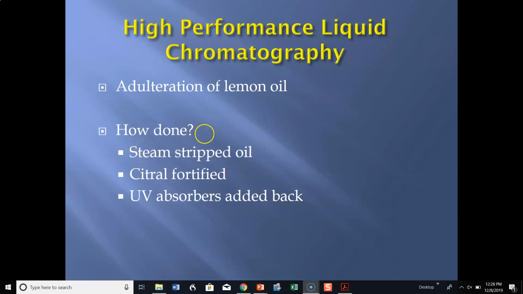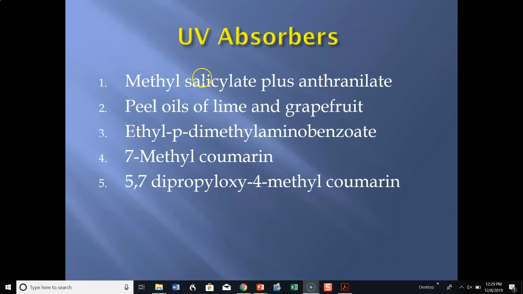Well, let's take those flavorless terpenes, add a little citral to it, add some UV absorbers back, and people will sell that as a real lemon oil. So they take this cheap byproduct, steam stripping, clean it up a little bit, fortify it with citral, and add UV absorbers. And again, if you know the right UV absorbers, you can fool this quality assurance test.